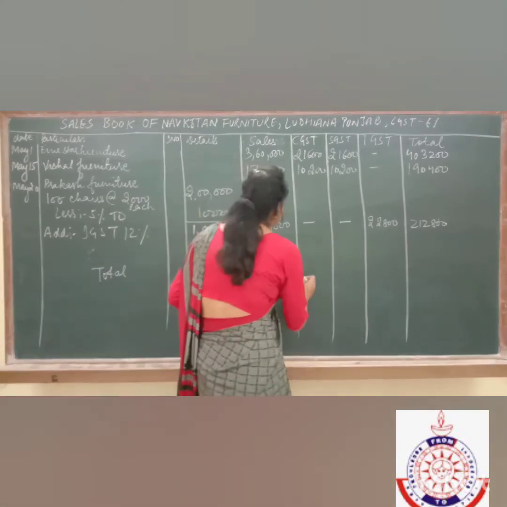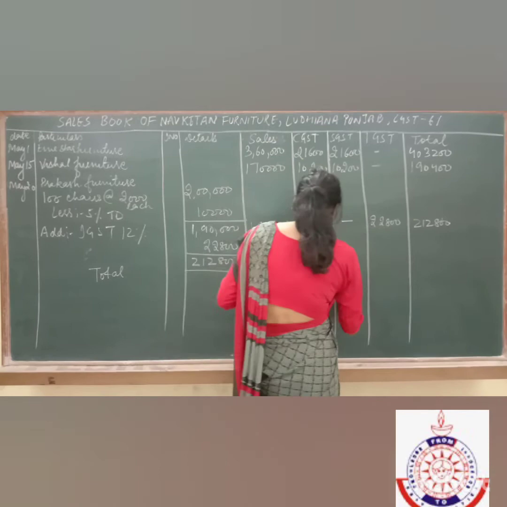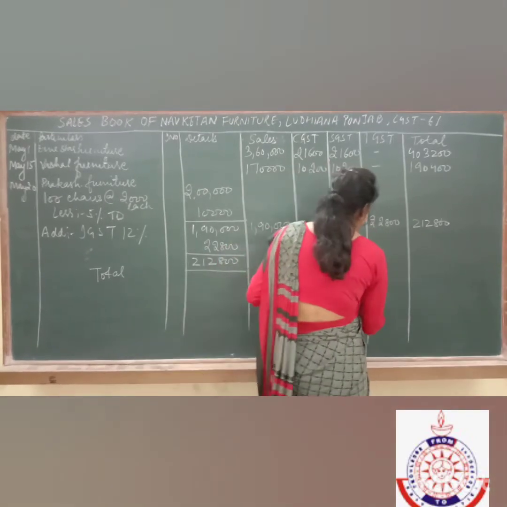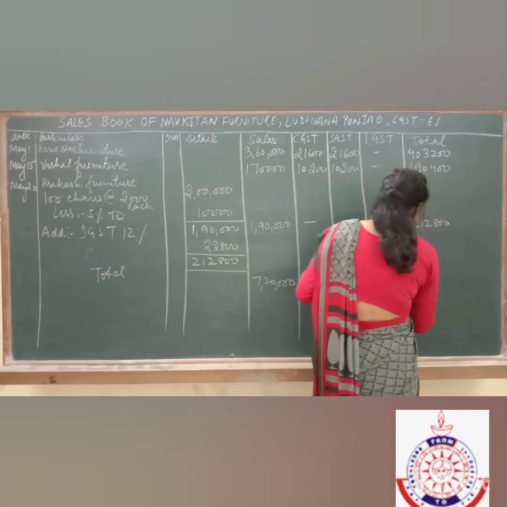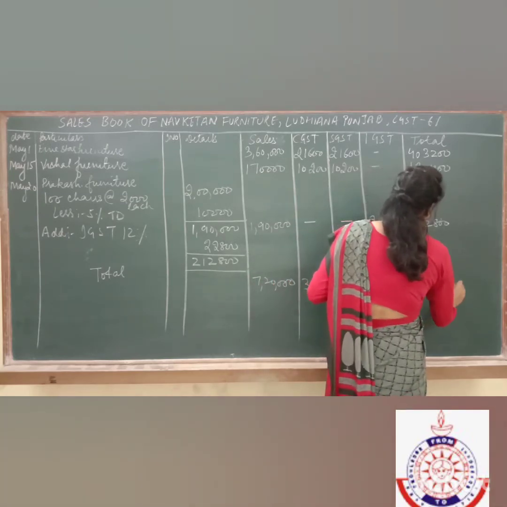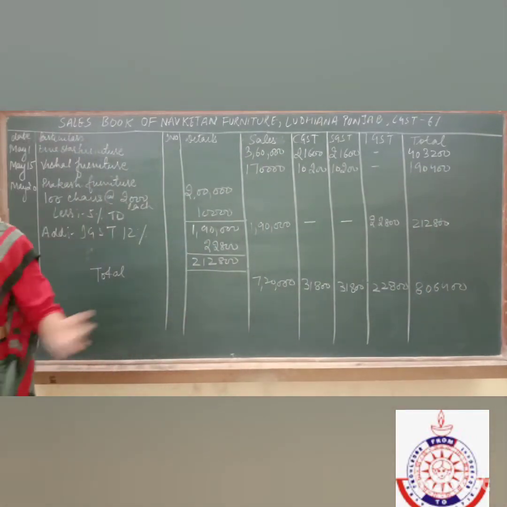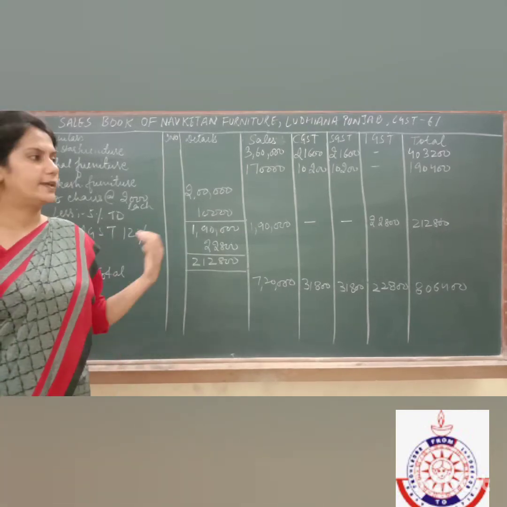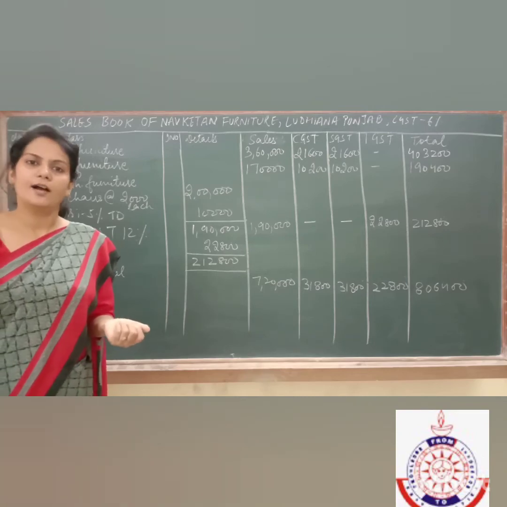Total of CGST 31,800. Total of SGST 31,800. IGST 22,800, and this side total is 8,06,400. Now after totaling and after writing everything, let's move to the framing of journal entries and posting them into ledger accounts.